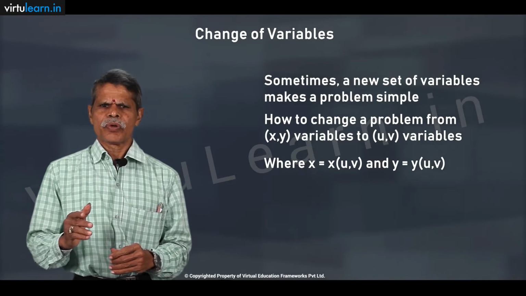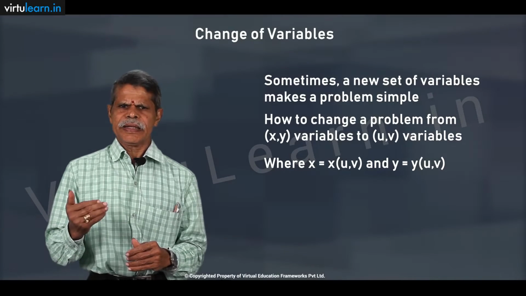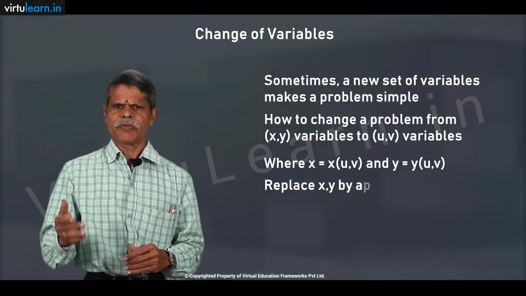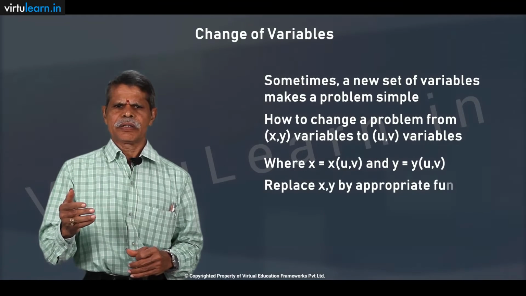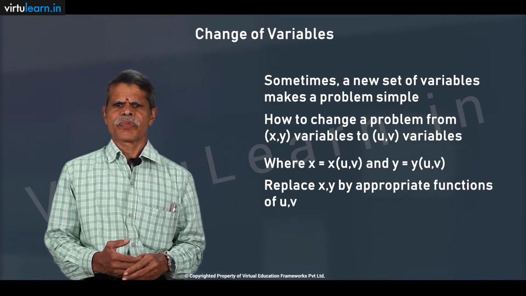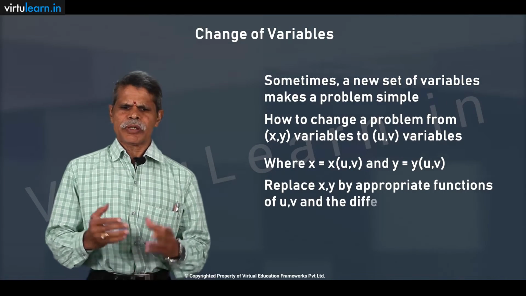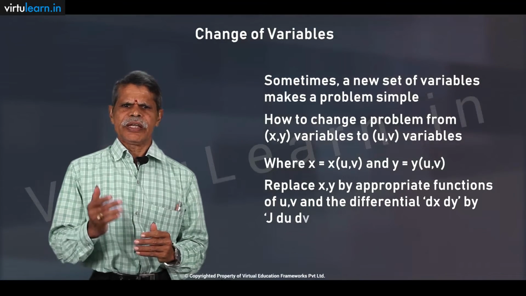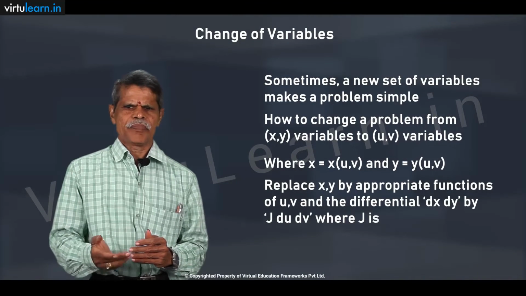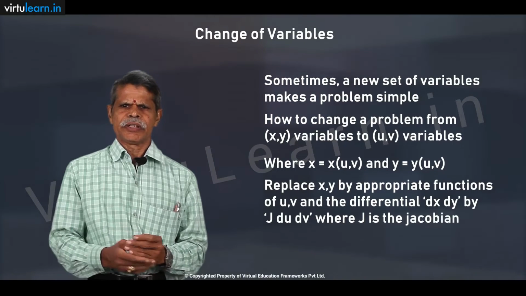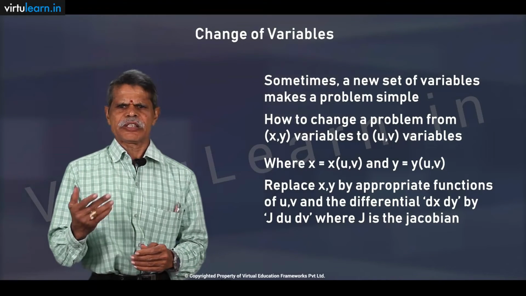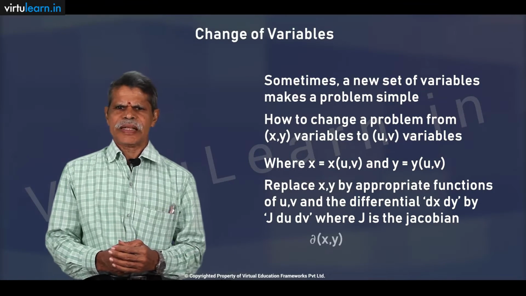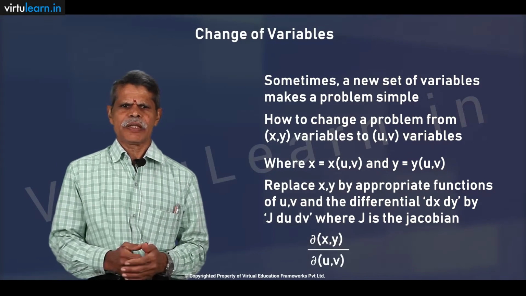Then in the integrand, we replace x by that function of u, v, y by the function of u, v, and the product of the differentials dx dy by J du dv. What is J here? Jacobian of x, y with respect to u, v. That is dou(x,y) by dou(u,v).